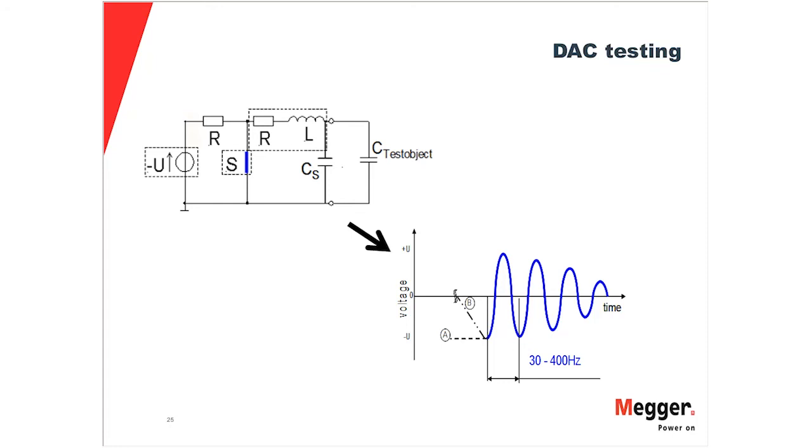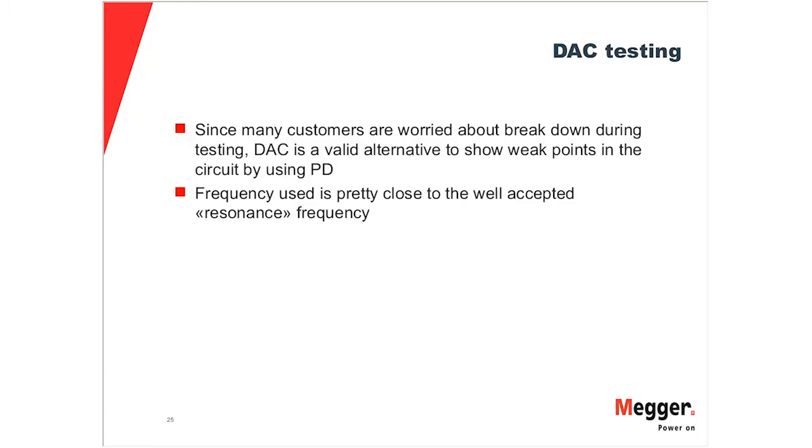So due to the very, very short ignition time from the cable on the test, which is a couple of milliseconds, or in the worst case a couple of seconds, there is no risk at all that you stress the cable in a way that it may fail during the testing.